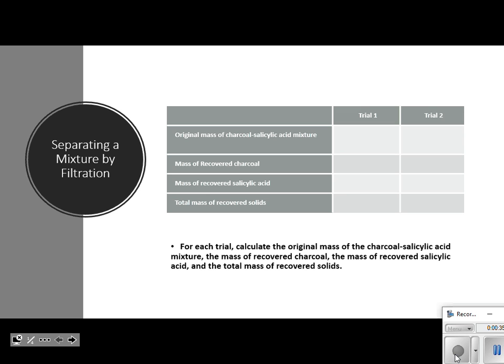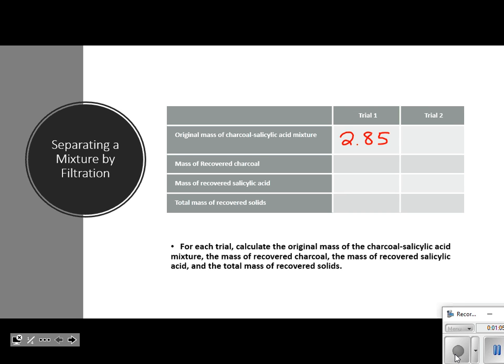So let's talk a little bit about, and I'm looking at some of the data that you folks just turned in. One thing that I had with a couple of groups in this class and in the previous class that we did earlier today, one of the groups had 2.85 for their original mass of the mixture.